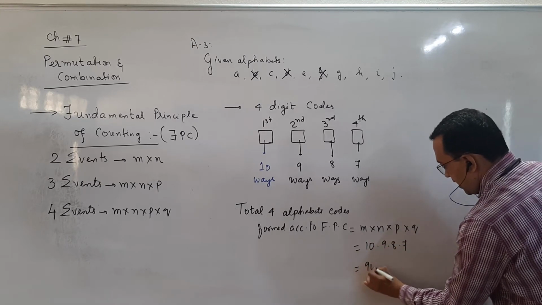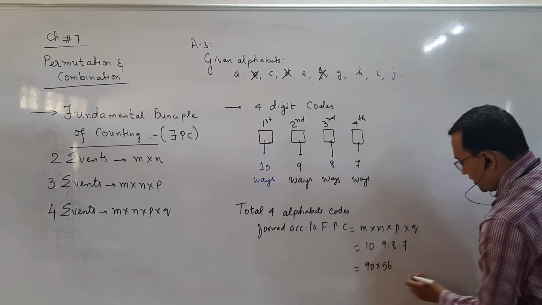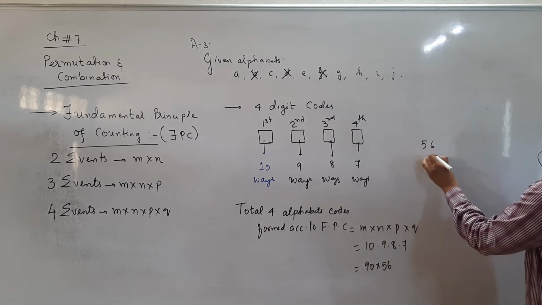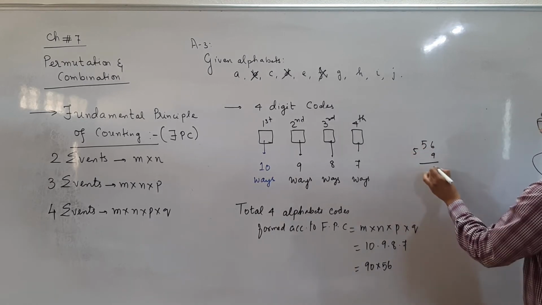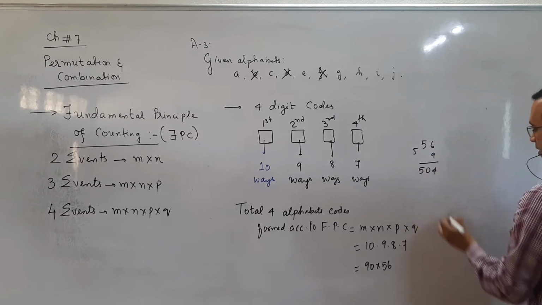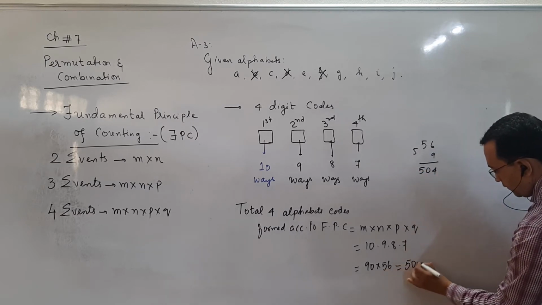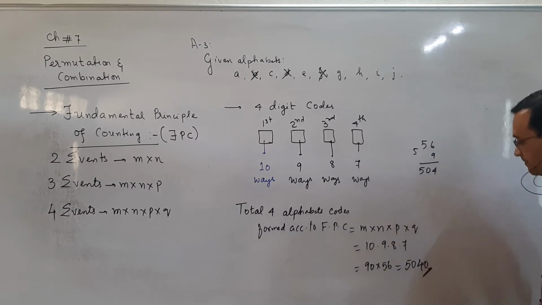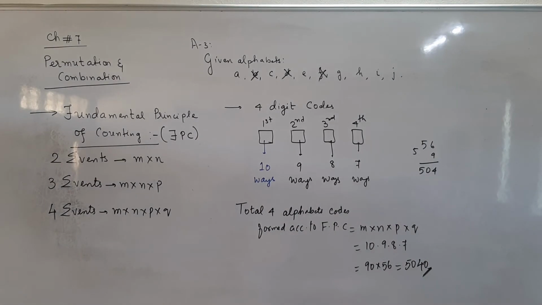So this is 90 into 56. So it is multiply 56 into 9. 9 6s are 54. So 504. So the number of codes are 5040. So this particular concept is very interesting.